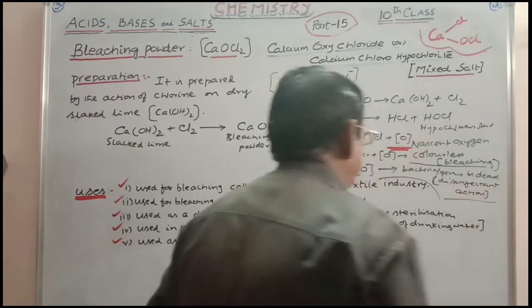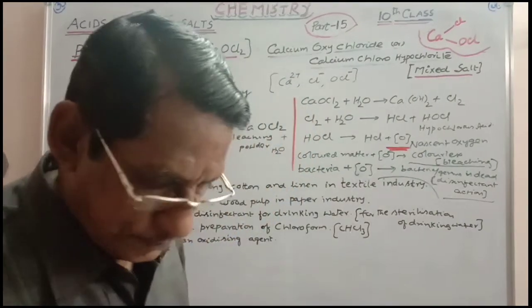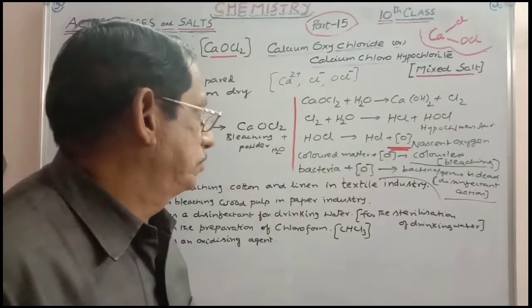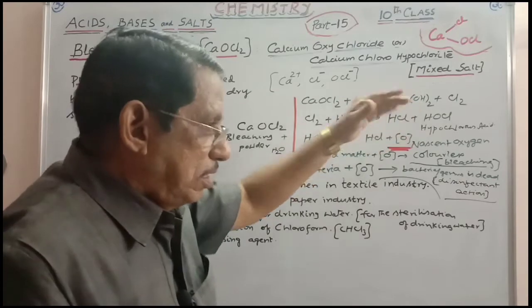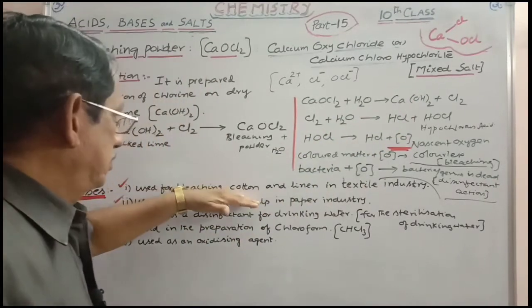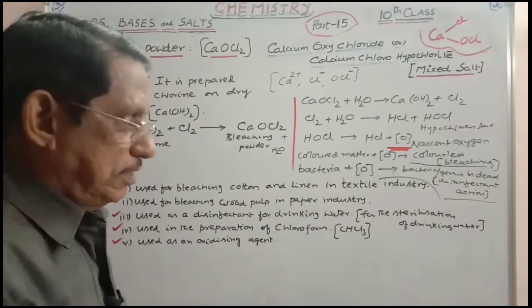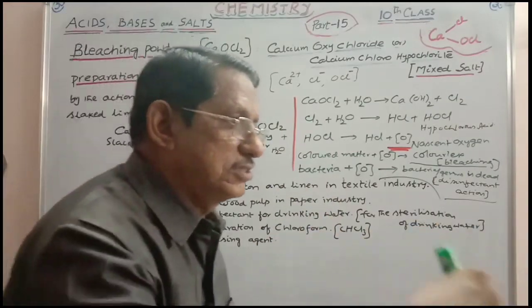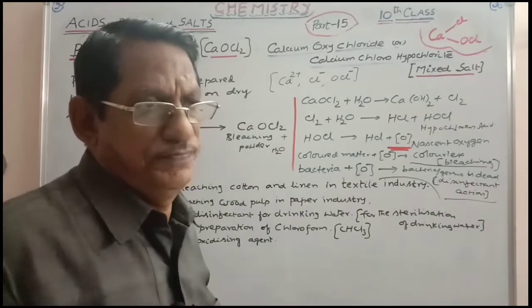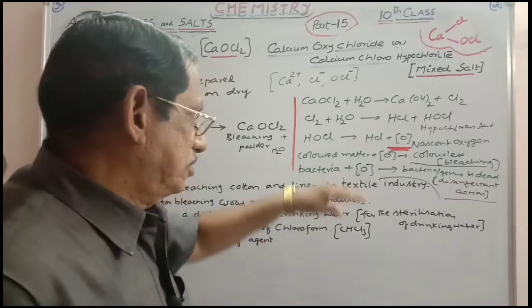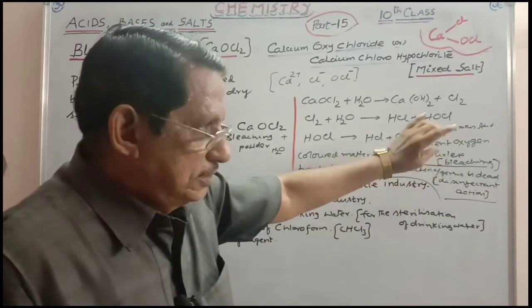In this way, you can explain the action of bleaching powder on cotton, on wood pulp, on drinking water. For all these purposes, whatever nascent oxygen is produced there, immediately it reacts within no time. And so colored matter will be converted into colorless. That is the bleaching action.